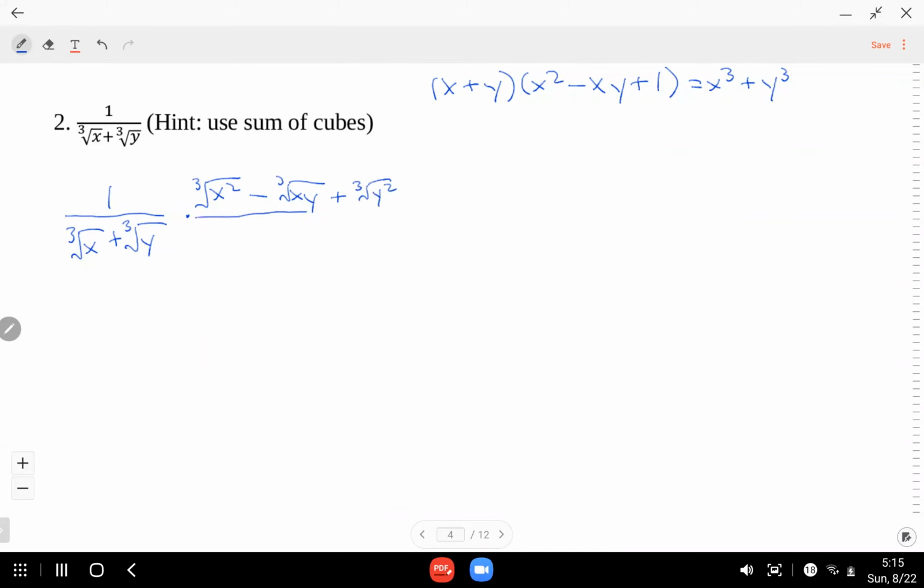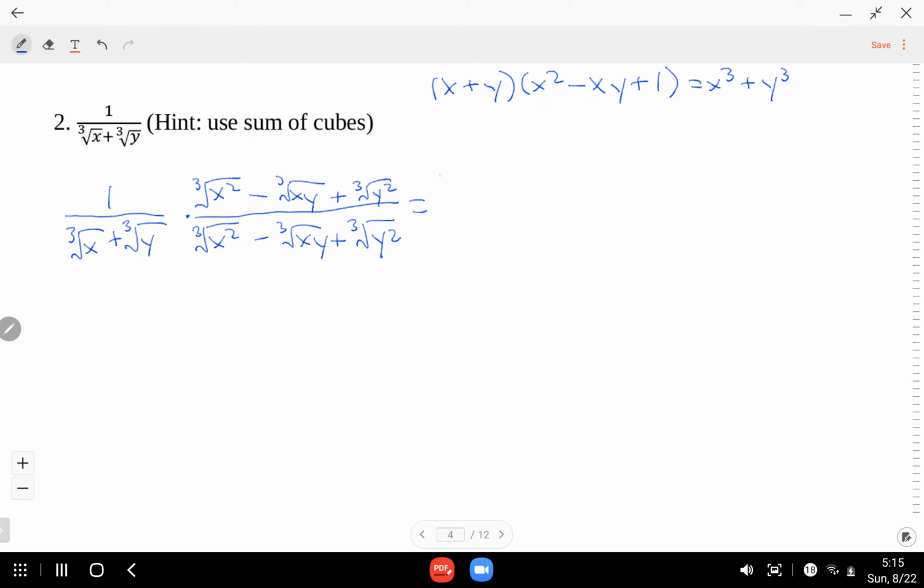If you do this, according to the sum of cubes formula, because this is the same thing over itself, that means it's just multiplying by 1, right? But this makes it easier for us to simplify.